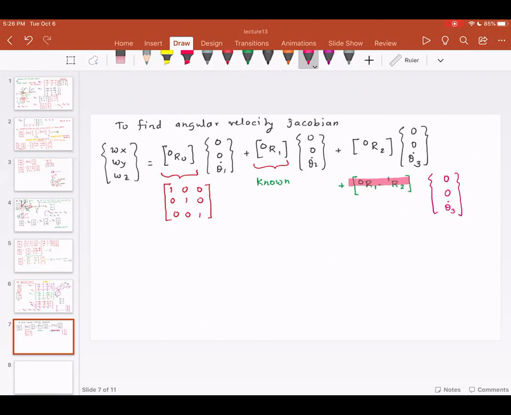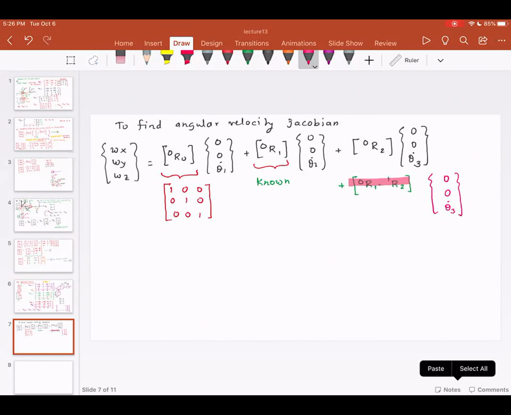So to solve this problem, I need 0R1, and that needs to be multiplied with 1R2. Everyone understood this?